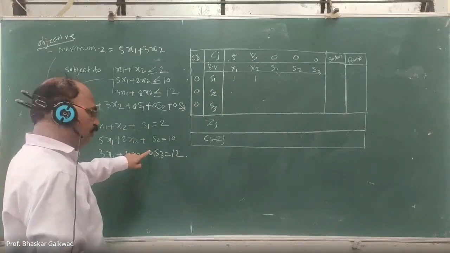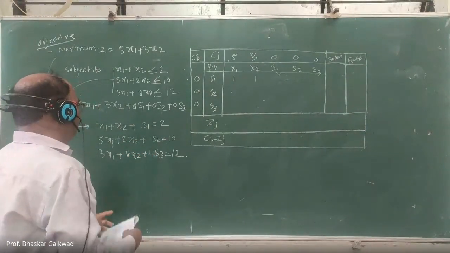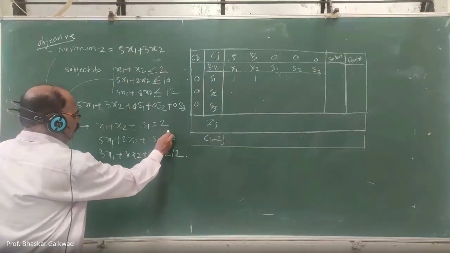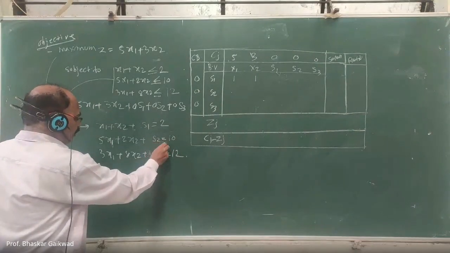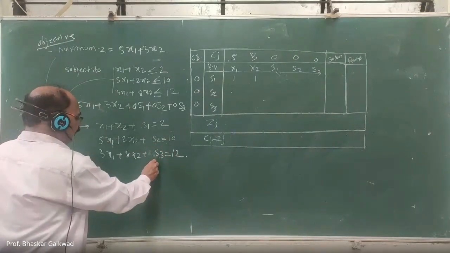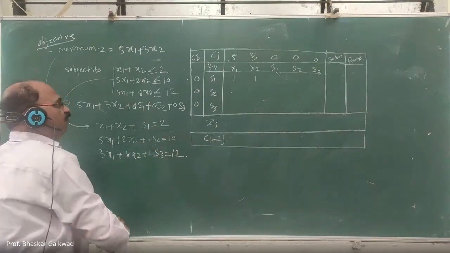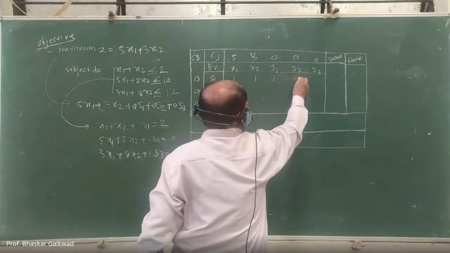Others are 0. So here it is 1, 1, 1, 0, 0. For the second equation, it is 5, 2, 0, 1, 0.